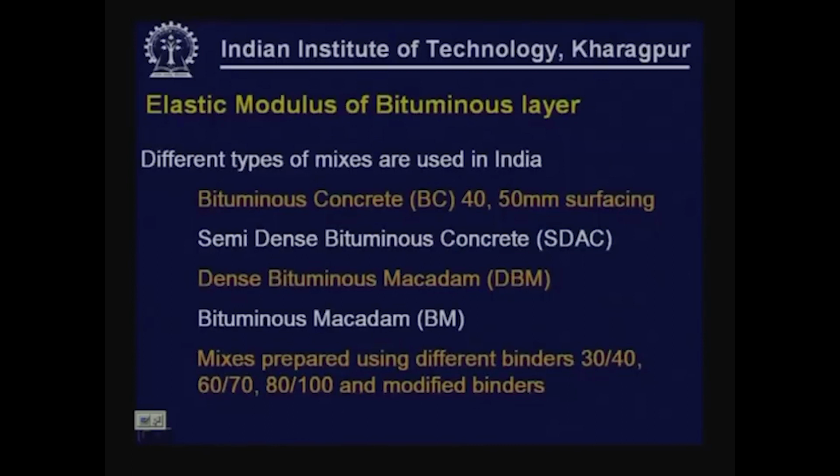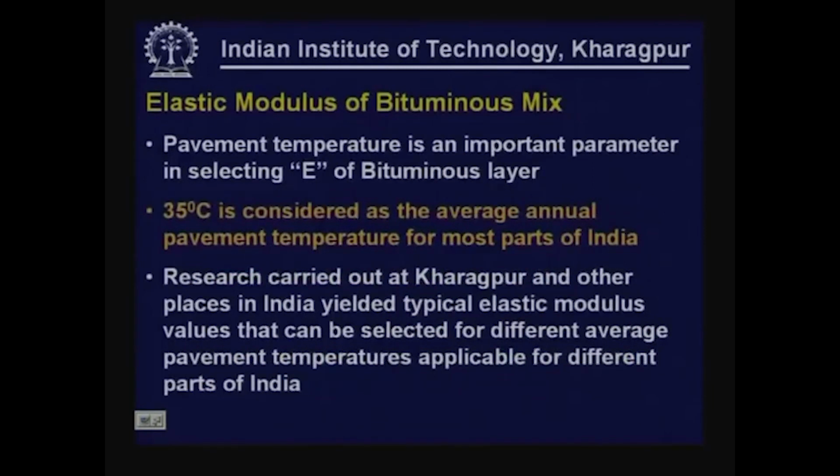60-70 binder is the most commonly used binder nowadays, but IRC gives modulus values for different types of mixes prepared using different types of binders, not for modified binders of course. And we know that the modulus value of bituminous mix is going to be different for different temperatures.